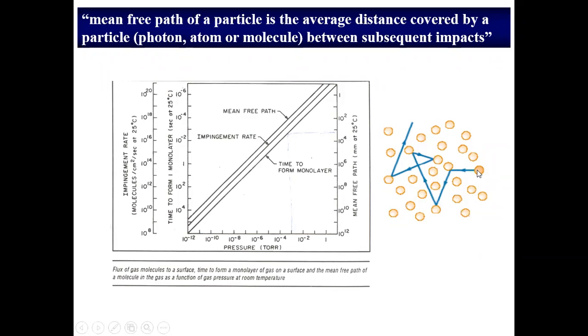As it tries to reach the substrate surface, it will collide with other atoms. So its energy will not be high enough, and it will not be able to deposit itself on the surface because it's being deflected by other atoms. If there are no such molecules in here, then the particle can move directly and deposit itself on the substrate. That's why we want to make sure that the mean free path is as high as possible in the PVD process.